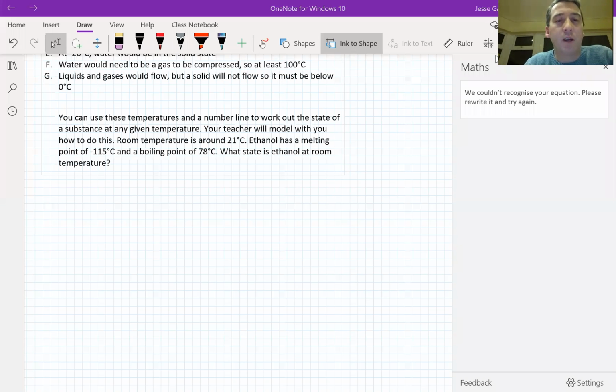So you can use these temperatures in a number line to work out the state of a substance at any given temperature. Your teacher, that's me, will model how to do this. So room temperature is an important temperature to remember. The average temperature that we consider for most rooms is 21 degrees. Now that doesn't mean every room in history ever is going to be always 21 degrees.